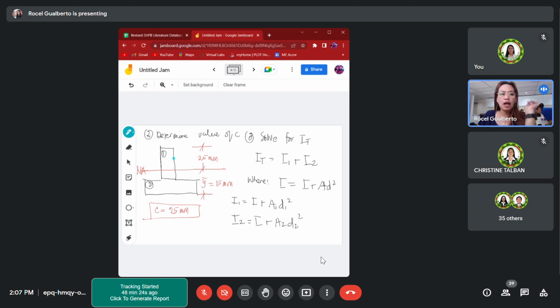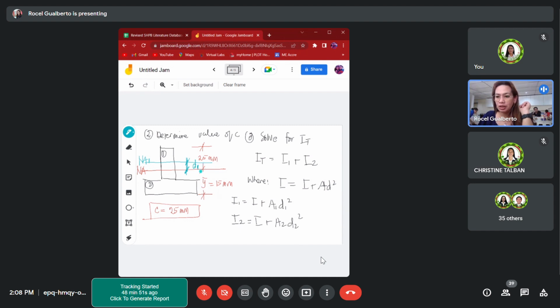Nasa gitna po yun. So, ilagay po natin siya as NA1. Yung distance ng neutral axis 1 doon sa neutral axis ng buong cross-section, doon sa NA, distance ng NA1 to NA, this will be marked as your D1.